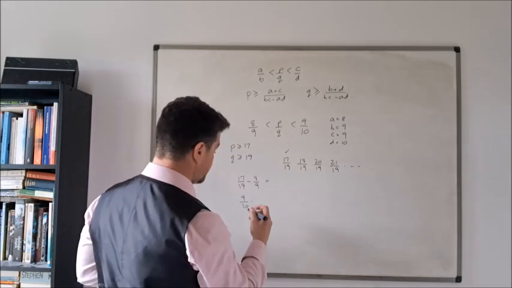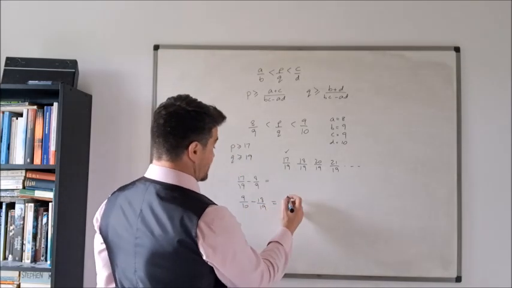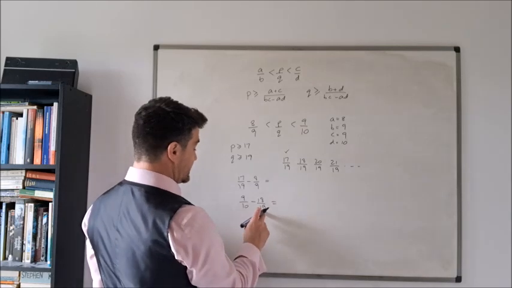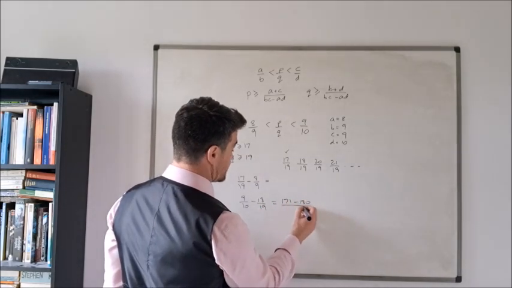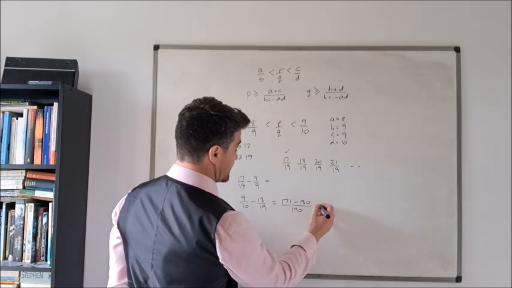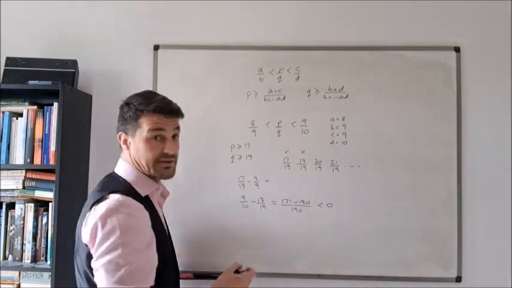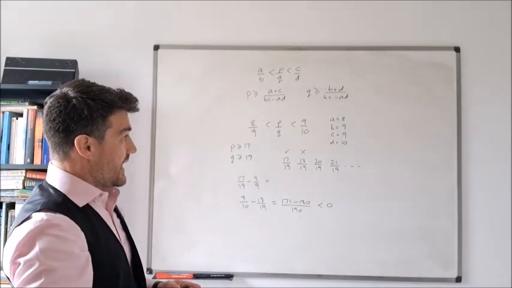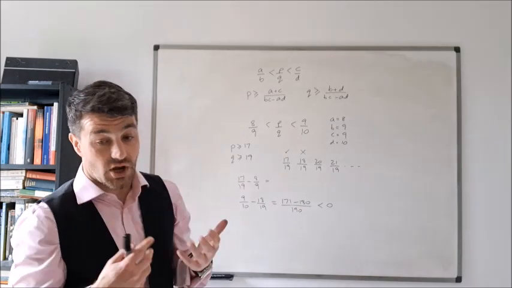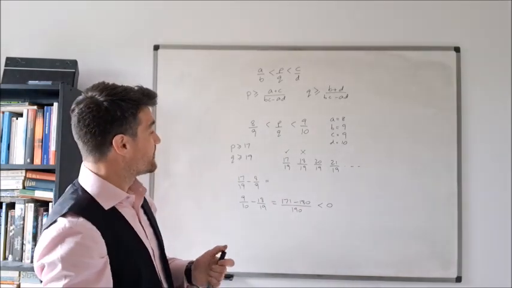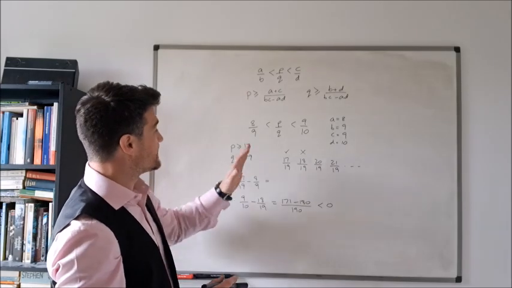Let's find out. 18/19. 19 times 9, I'm sick of doing this now. 19 times 10, 190, 171 minus, okay, so 190. That's going to be less than 0. So that means that 18/19 is greater than 9/10.